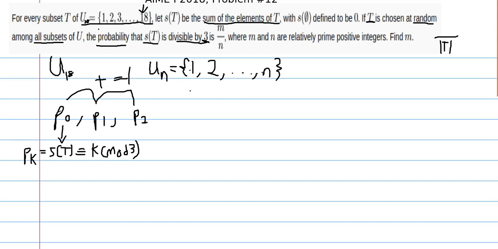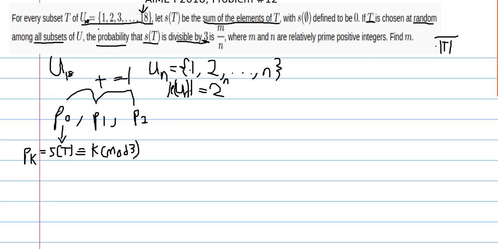Since there are n elements and two choices for each, there are 2 to the n subsets of U sub n. This is really the cardinality of the power set, but I'll just say the cardinality of the sample space.